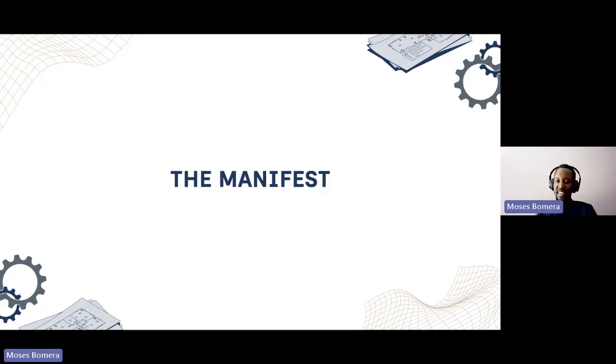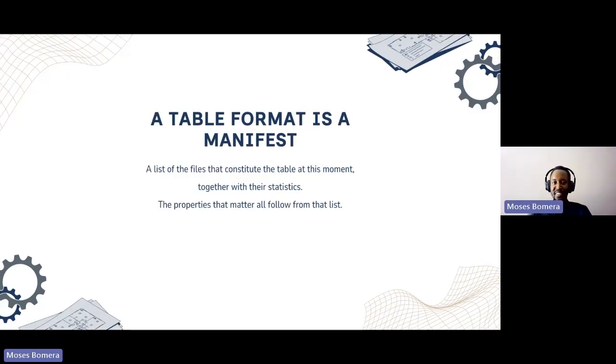So at the core of a lakehouse is something called a manifest, and you can think of a manifest as metadata that describes the actual data. It's that manifest that the reader, or the system writing to the lakehouse, will always refer to before it can actually execute any queries on that particular data.